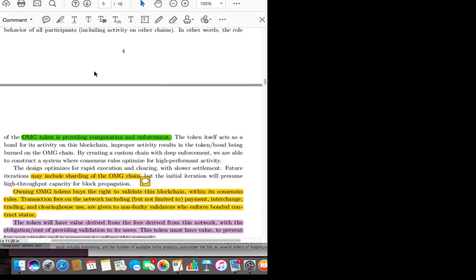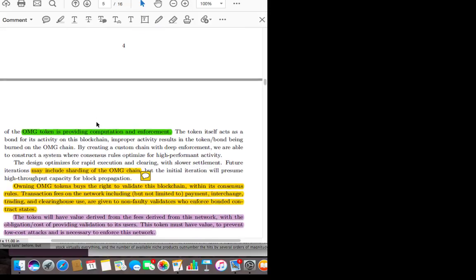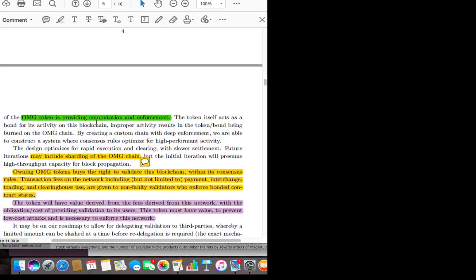So the nutshell here, guys, is in green. In other words, the role of the Omisego token is providing computation and enforcement for the interchange in value. The token itself acts as a bond for its activity on this blockchain. Improper activity results in the token bond being burned on the Omisego chain. So that's very interesting.